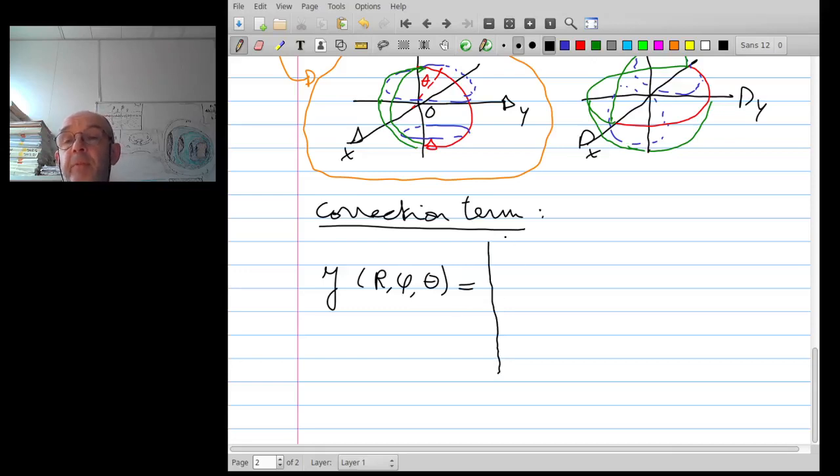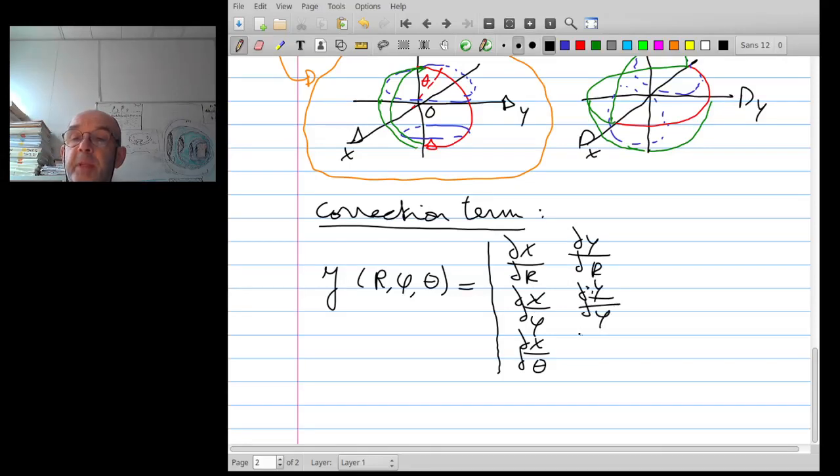Be careful, and then take the partial derivatives with respect to all those variables. So first the x variable, differentiate to r, to phi, to theta, and then the second one, differentiate to r, to phi, to theta, and the third one, differentiate to r, to phi, and to theta.